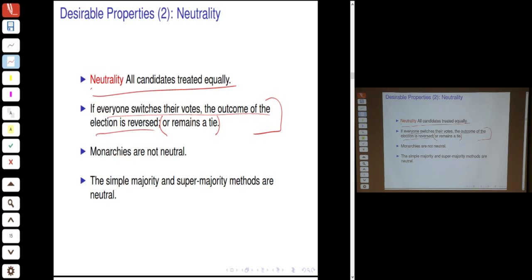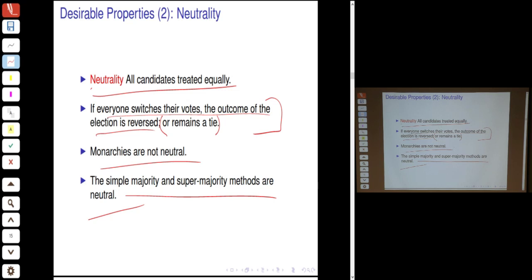So here is an example. Simple majority and supermajority methods are neutral, whereas an example of a method that is not neutral is monarchy, because monarchy doesn't really depend on the sequence of votes, because it always picks the same winner who is the monarch. Okay, so even if all the voters switch their votes, the winner will not change.